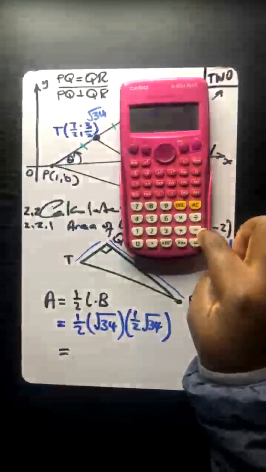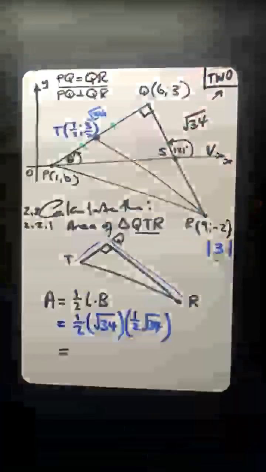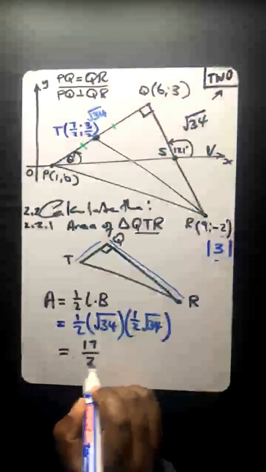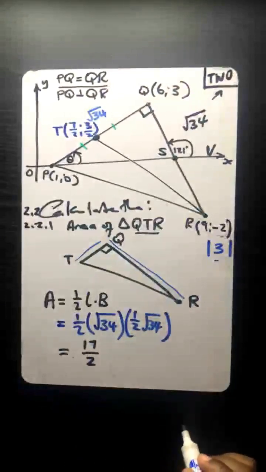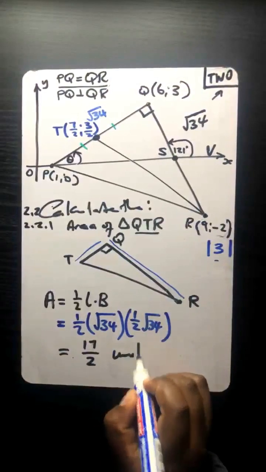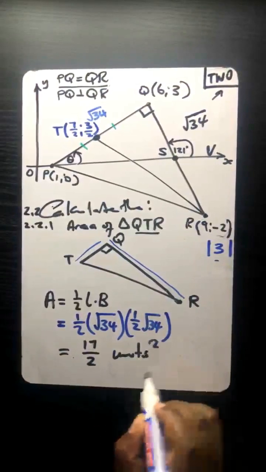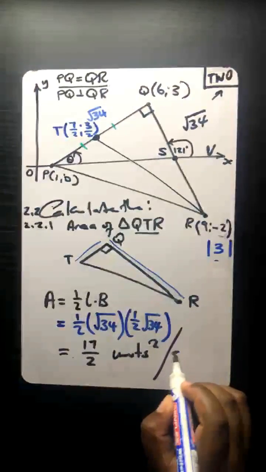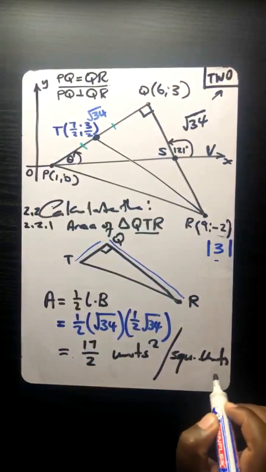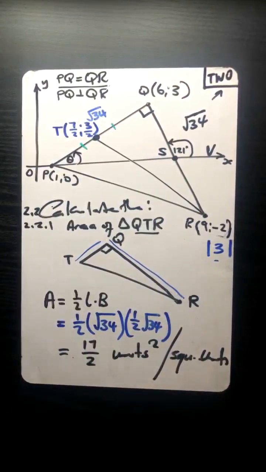You close. So 17 over 2. I'm telling you, if you write it as 17 over 2, you won't get full marks. The reason is because you're calculating an area, so you need to say units squared, or you can say square units, just so that we know what you were calculating is the area.